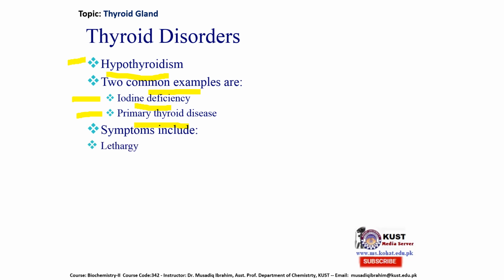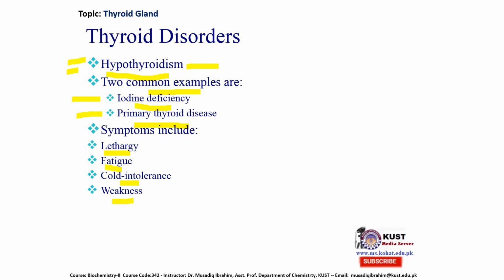So the symptoms which occur as a result of decreased secretion of the thyroid hormones, known as hypothyroidism, are lethargy, that is a kind of fatigue or weakness. Then you have fatigue, that you haven't done a lot of work but still you feel very tired. Cold intolerance, which means that if there is a slight change in weather and the weather is a little cold, then the patient or the person cannot bear or cope with that condition.